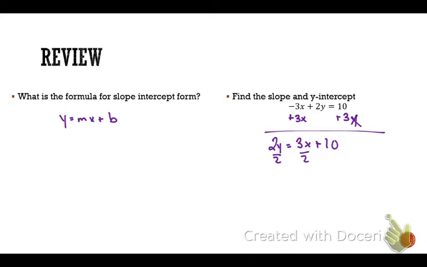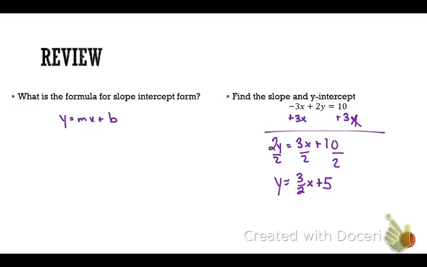Divide by 2. Now I can say, okay, I had a lot of people leave their answer just like this on the quiz. Did you tell me m and b? No, you wrote it in slope-intercept, so now you're ready to say it, but then you didn't say it.